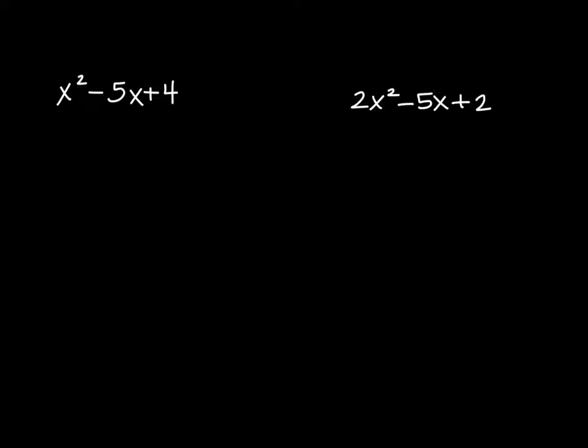Okay, on this slide, you may not notice that these are similar, but you will here in just a moment. So the first one, I want you to pause and work out. You should notice that this first problem is a shortcut. That's because my first number is 1 out here.